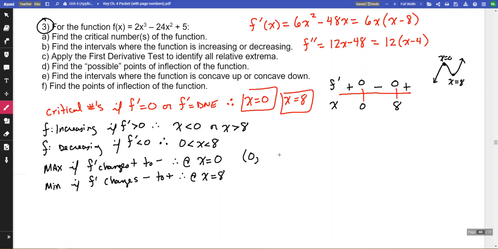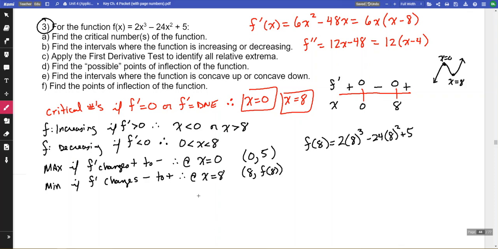Well, for f of x, if x is 0, that's going to be y coordinate 5. And if x is 8, then f of 8 will be my minimum value. Now, what does f of 8 equal? f of 8 is going to be 2 times 8 to the third power minus 24 times 8 squared plus 5, which will be some negative number.